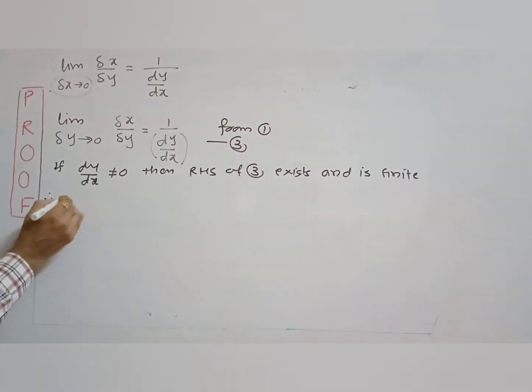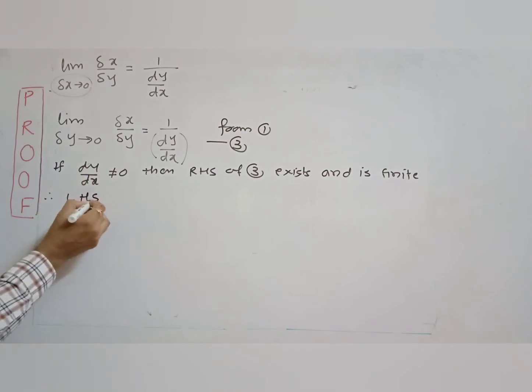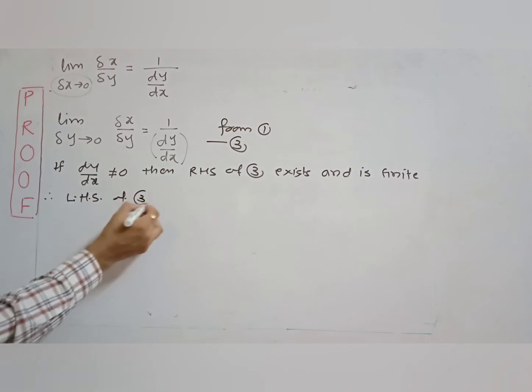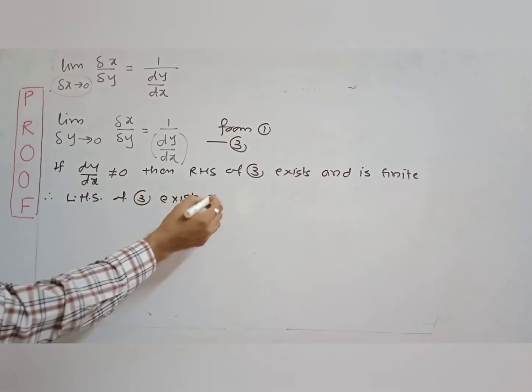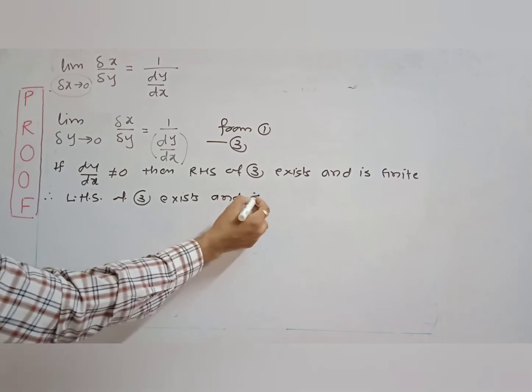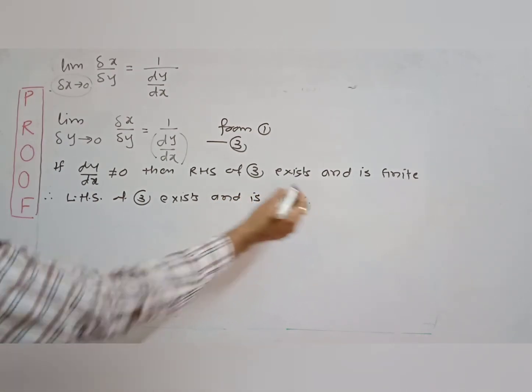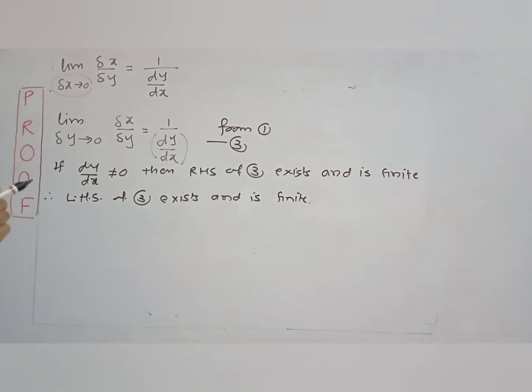Therefore, the LHS of 3 exists and is finite. And look at the LHS of 3. LHS of 3 is limit delta x by delta y as delta y tends to 0. If we say it exists and is finite, it is written as dx by dy. So this dx by dy exists.